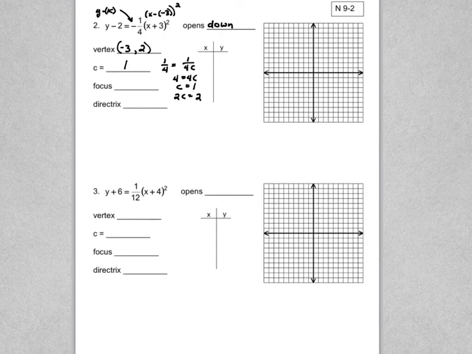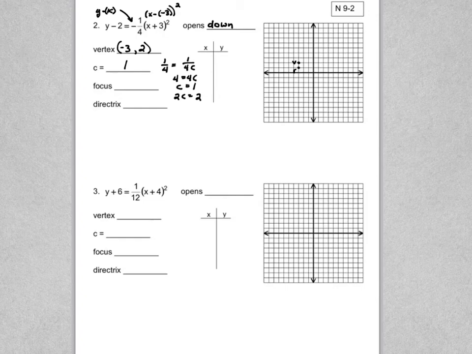So where is our focus and our directrix? Let's put it on the graph. We're going to put our vertex on the graph at (-3, 2), right here. Okay, and that's our vertex. And our focus, since it opens down, is underneath the vertex, one space.